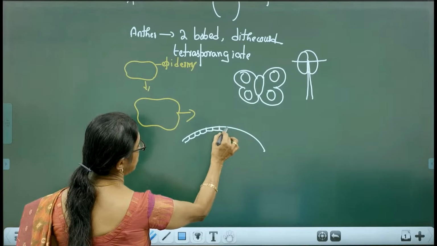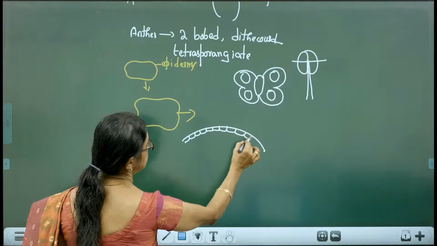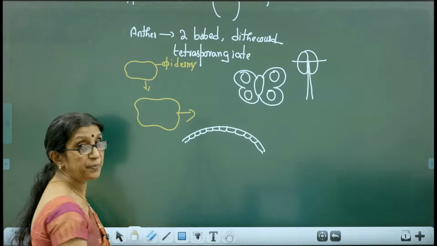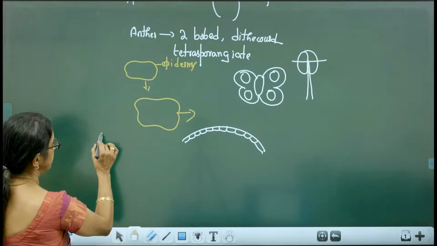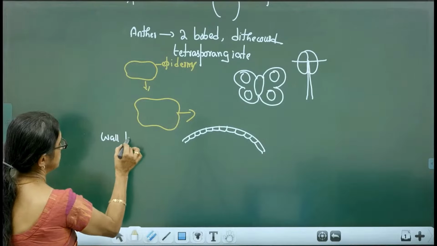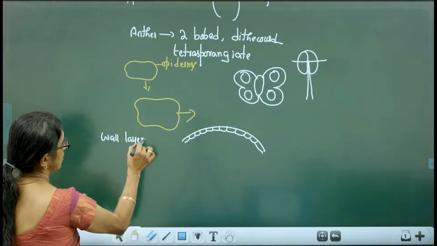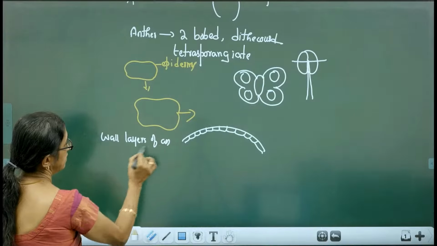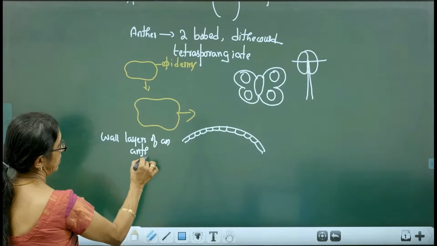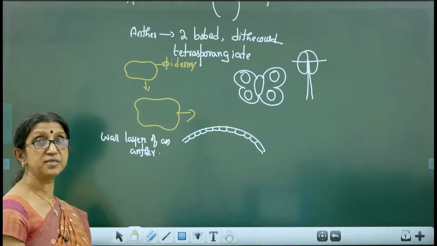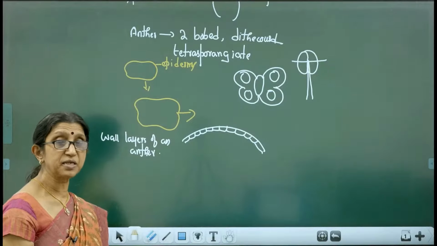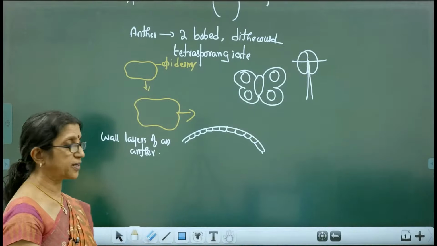This is the outermost layer, that is called epidermis. So outermost is epidermis. It is a single layer and provides protection.